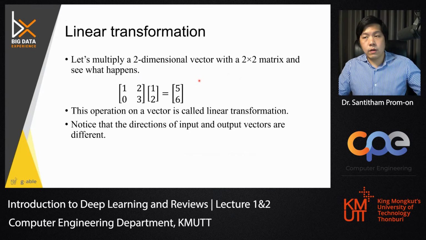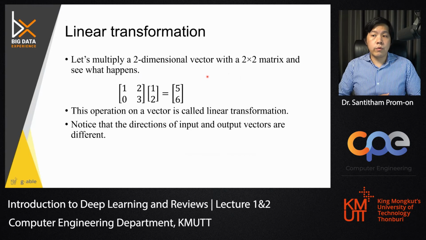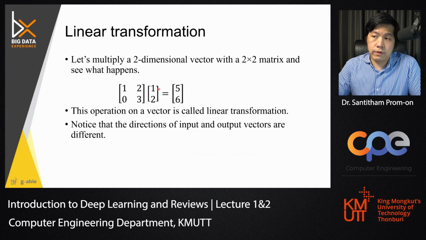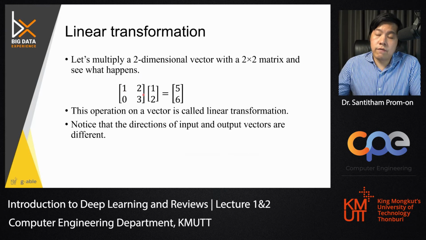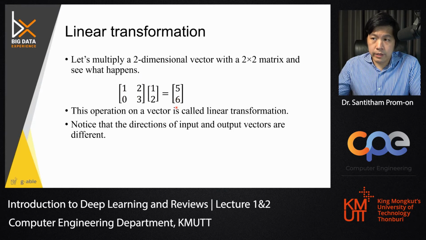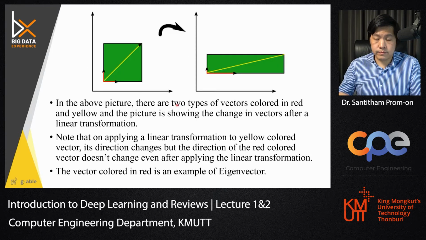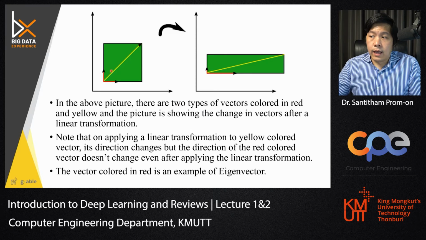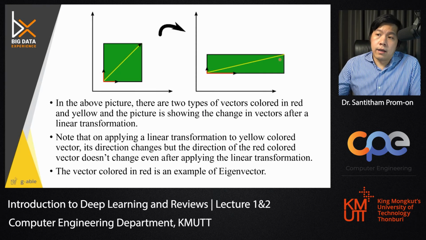Eigenvectors and eigenvalues play an important role in linear transformation as well. So I have a matrix to transform the points. This matrix actually transforms the points 1, 2 to 5, 6. But you can see that after transformation, the matrix, going from this vector to another vector, is actually scaling the values on the x and y axes.